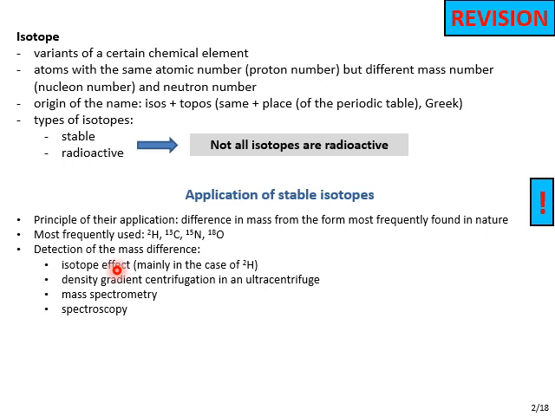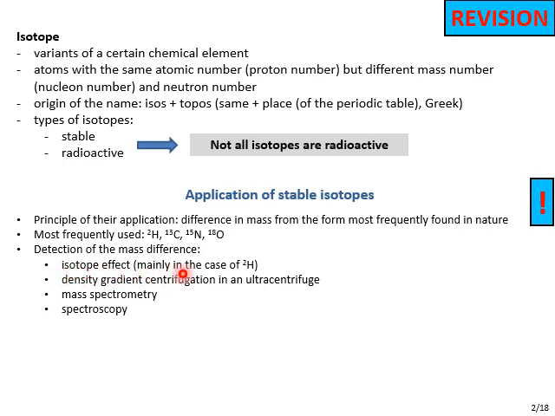The fact that the isotope effect exists implies that although the chemical properties of isotopes of the same element are actually very similar to each other, there are subtle differences in their chemical properties, and this is what is referred to as the isotope effect.